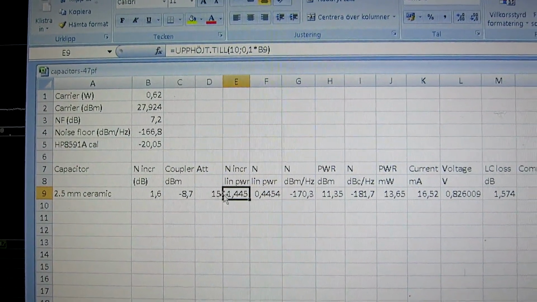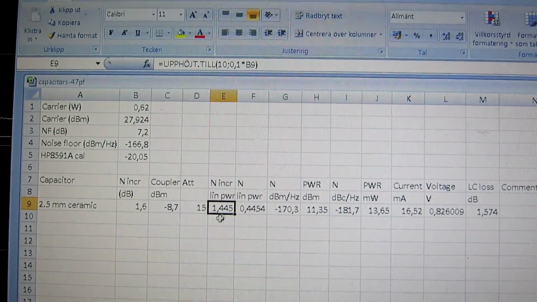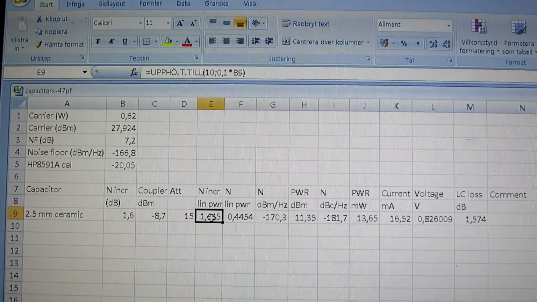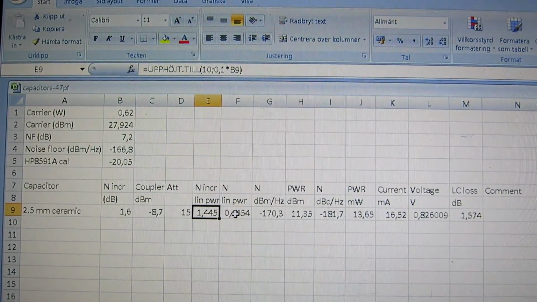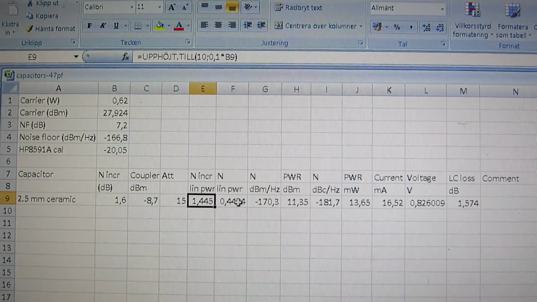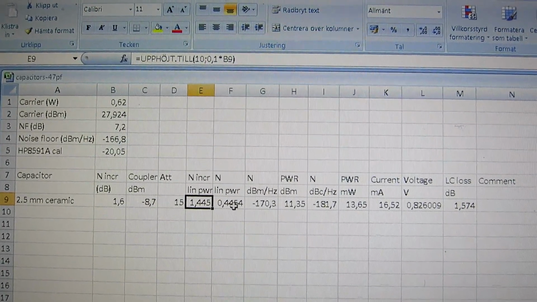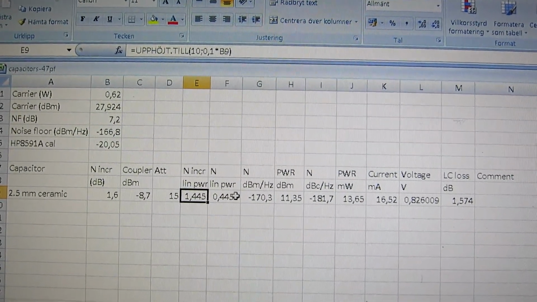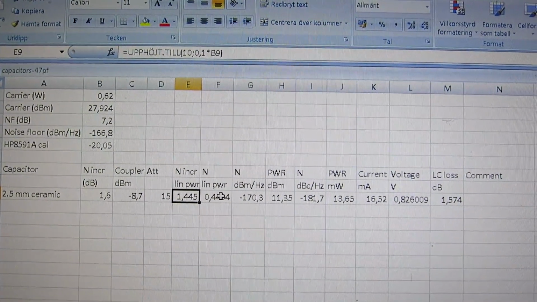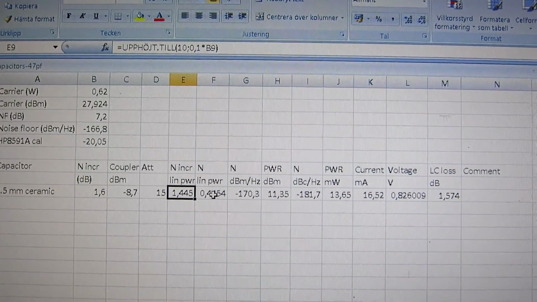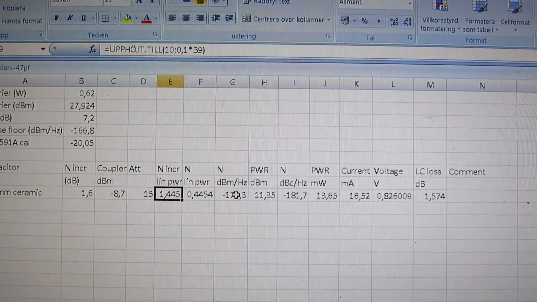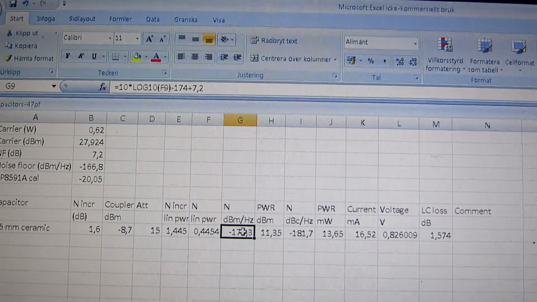The noise increment, 1.6 dB, is a factor of 1.445. And then the noise from the capacitor is 0.445, because 1 comes from the low noise amplifier. And I can convert this to dBm per hertz with this formula.